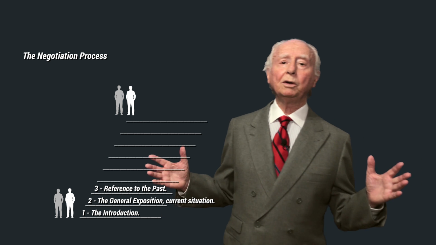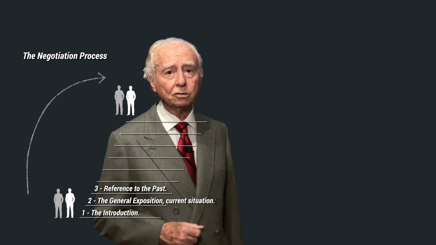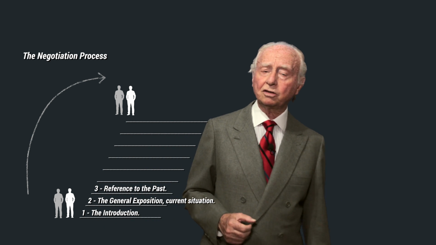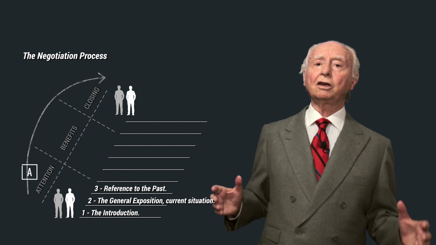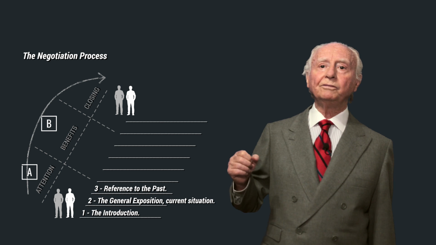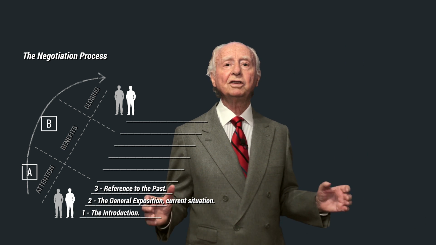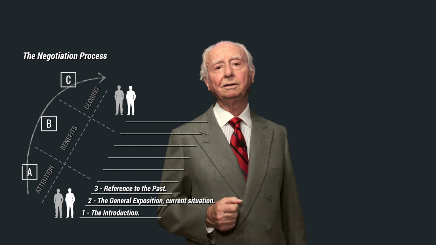If we remember the attention curve exposed in previous videos, we established 3 phases. The first phase, A, is that of attention. The second, B, is that of the presentation of benefits, and the third, C, is that of the closing of our presentation.